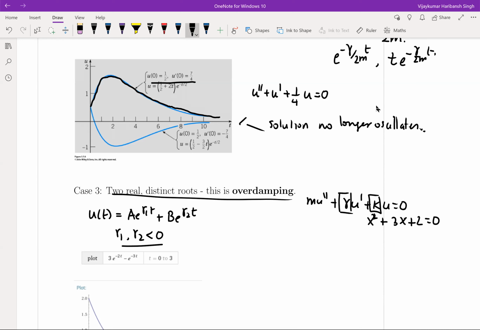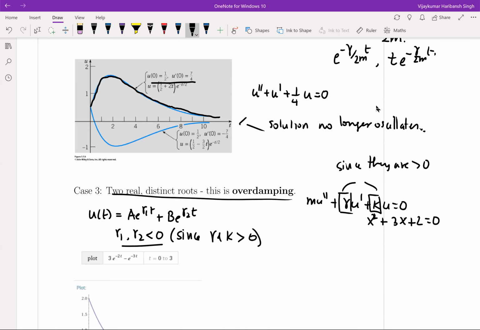So if you have an equation like this, both the solutions are going to be negative, right? So that's why, since these are greater than 0, we get r1 and r2 are less than 0, since gamma and k are greater than 0.